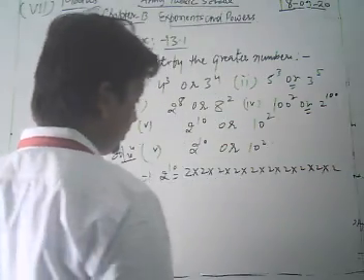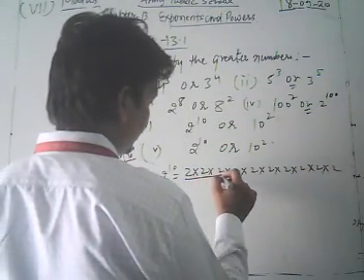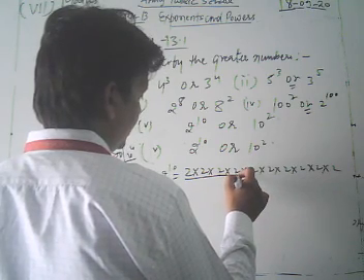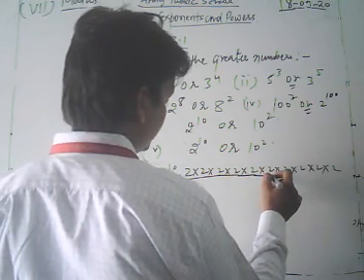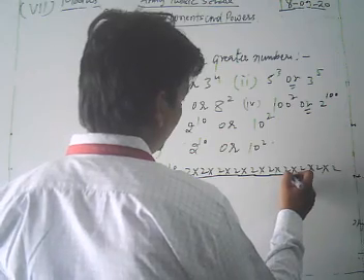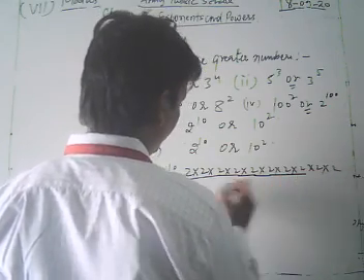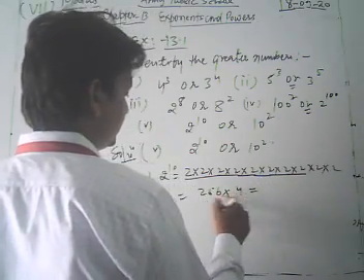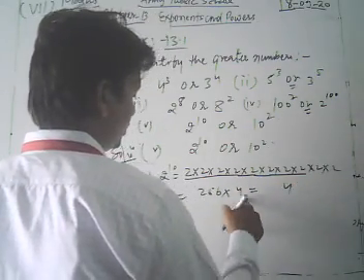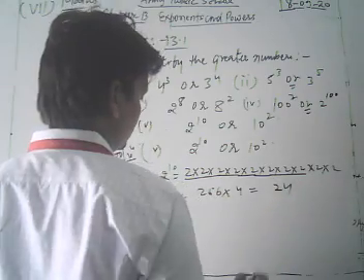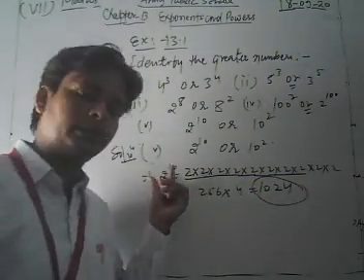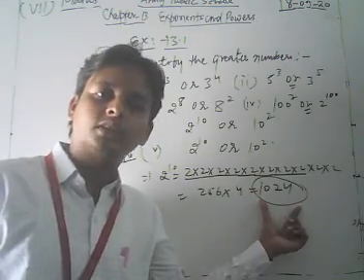We write it in this way. 2 2s are 4, 4 2s are 8, 8 2s are 16, 16 2s are 32, 32 2s are 64, 64 2s are 128, 128 2s are 256, and 256 multiplied by 2 is 512, and by 2 again we get 1024. So the value of 2 to the power 10 is 1024.